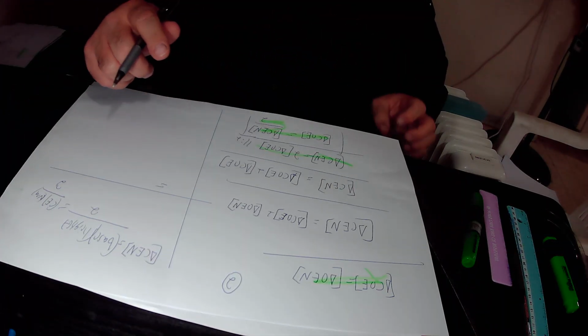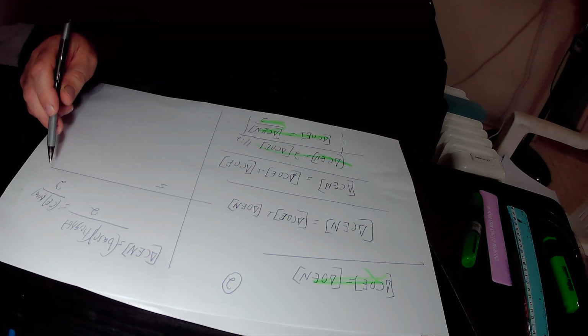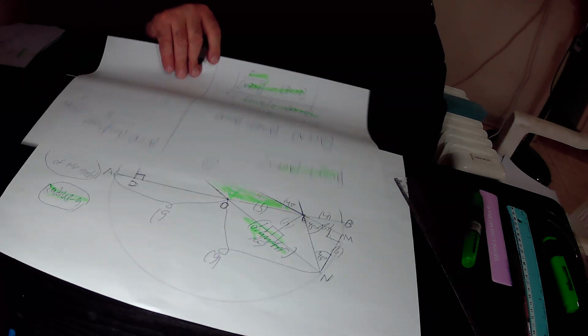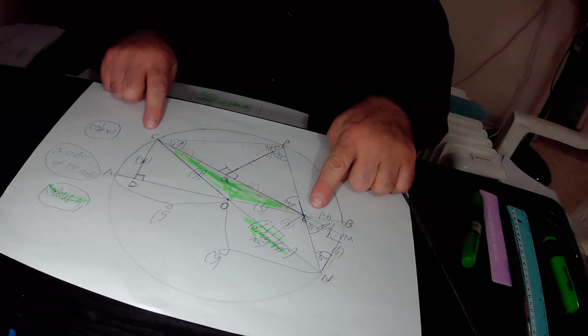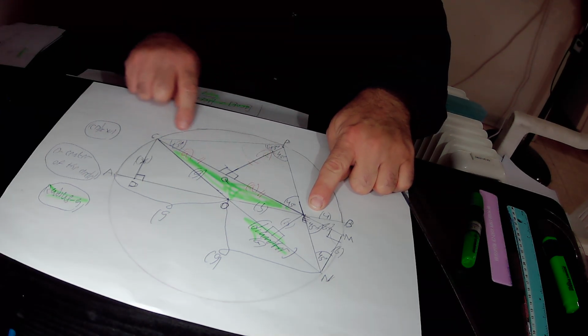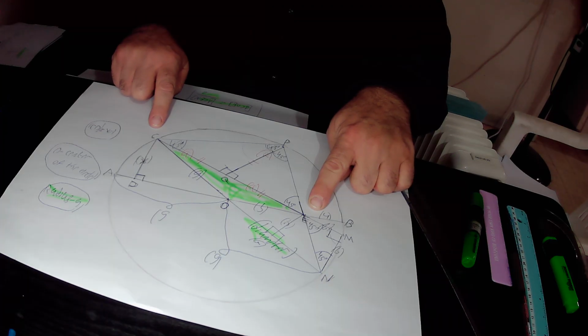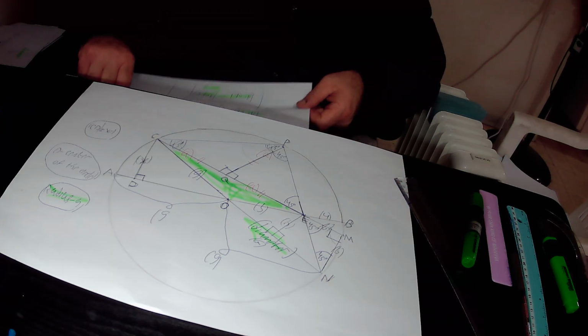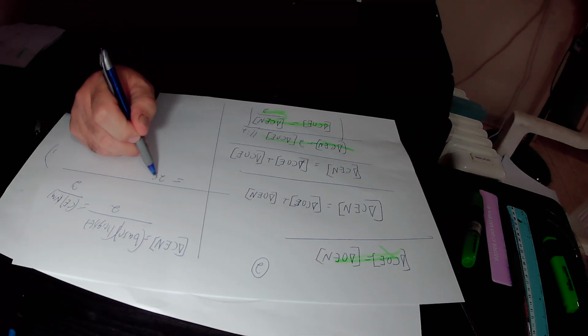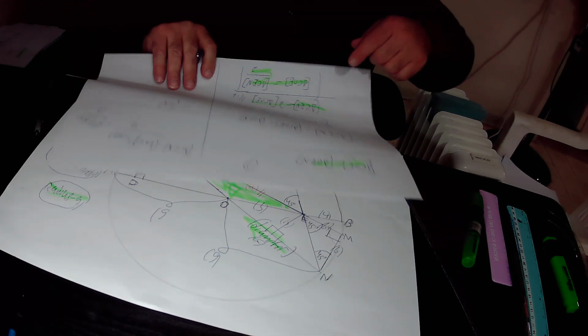The area of the big triangle CEN equals CE times NM over 2. CE in total equals CQ, that is A, plus QE, that is also A. So CE in total equals A plus A, that is 2A, times NM.